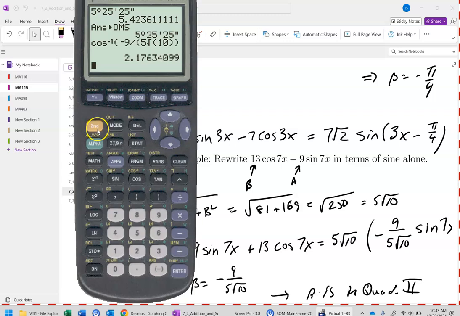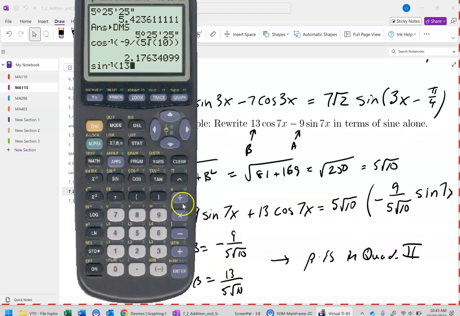Okay. Here's where the be careful comes in. I should get the same thing if I use the inverse sine of 13 divided by 5 root 10. Oops, I forgot the parenthesis.